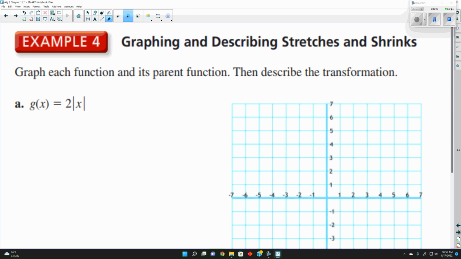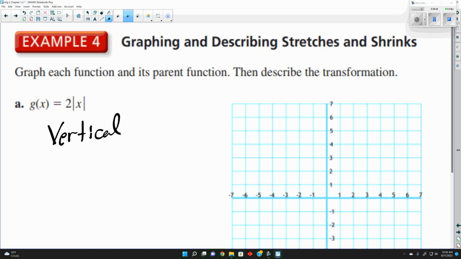So if we look at this here, we can mainly just talk about the transformation. So we have a 2 being multiplied out in front of the absolute value, yes? That's taking the place of A. That's where A is sitting, yes? So this here would be a stretch or shrink. And it'd be vertical, because is the A value greater than 1 or between 0 and 1?